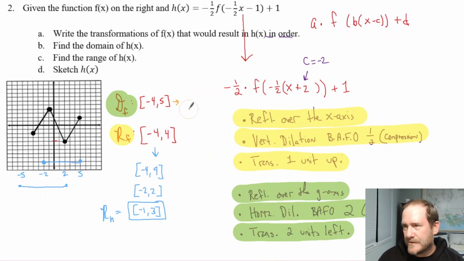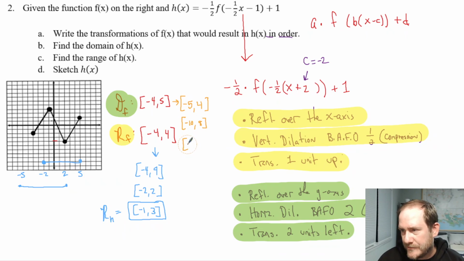And if I reflect over the y-axis, then suddenly the max at 5 becomes a min at -5. And the min at -4 becomes a max at 4. And then we do a horizontal dilation by a factor of 2. That means we're stretching. That means we should now have a minimum value of -10 and a maximum value of 8. And when we translate 2 to the left, everything gets 2 subtracted from it.